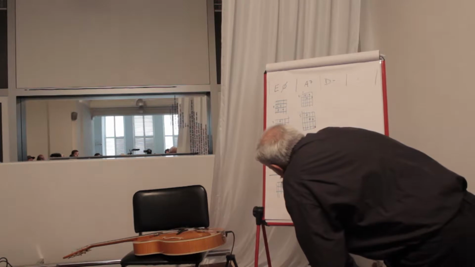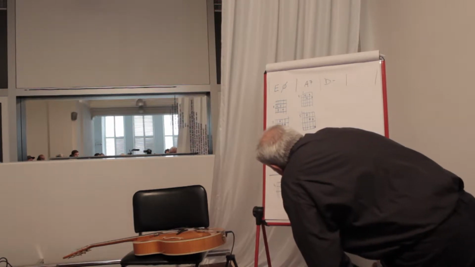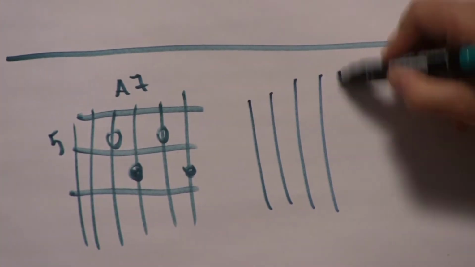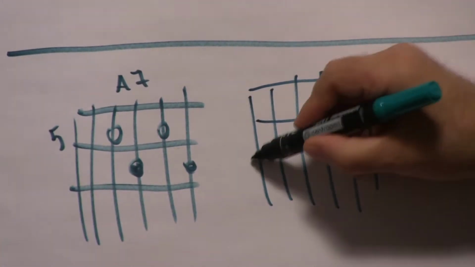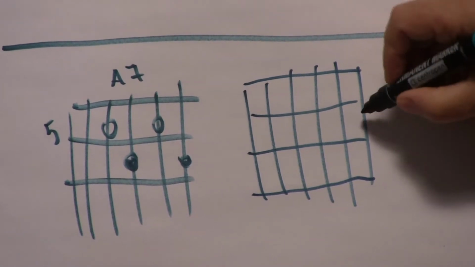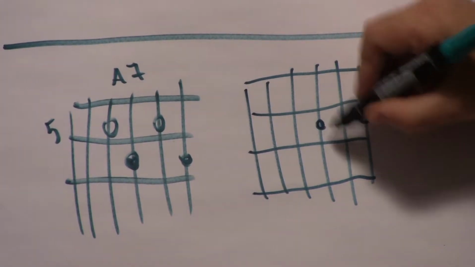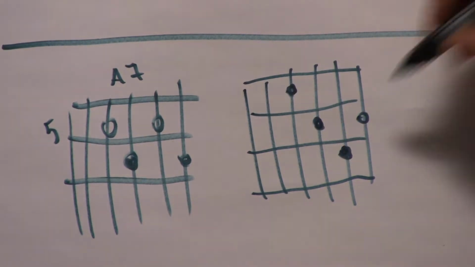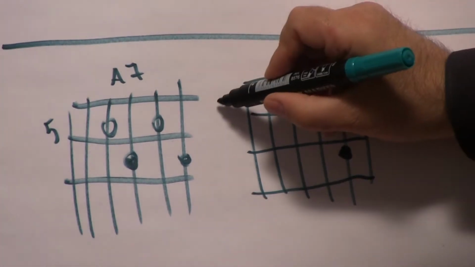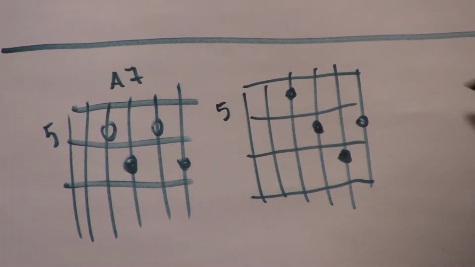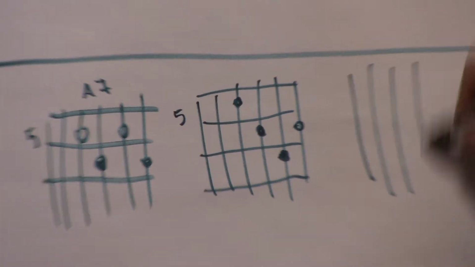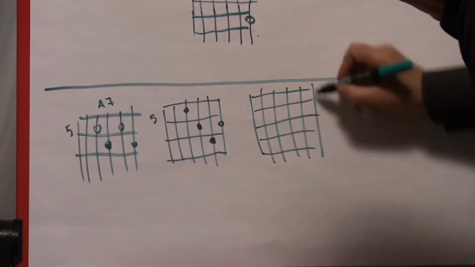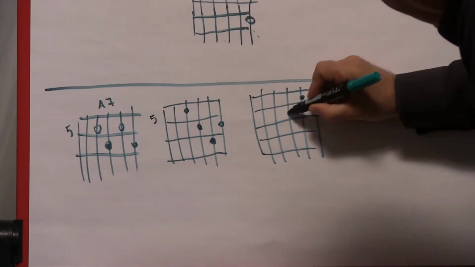We say okay, A7, huh? So we have this G minor, huh? Always A7. Then we have this what we did before.